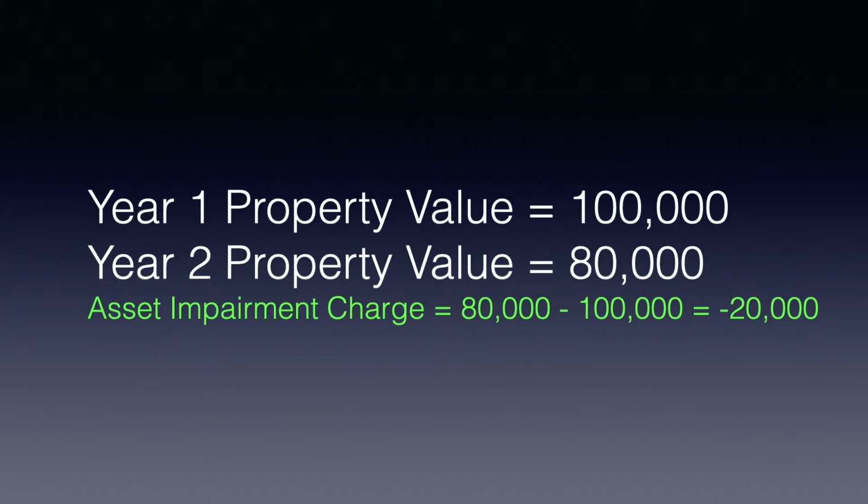In this case, the property has gone down by $20,000 in value. You will be able to record this as a $20,000 loss as an asset impairment charge in your tax return. As you can see, amortization, depreciation, and asset impairment charges are non-cash related expenses. Therefore, we will need to add these back to get owner's earnings.